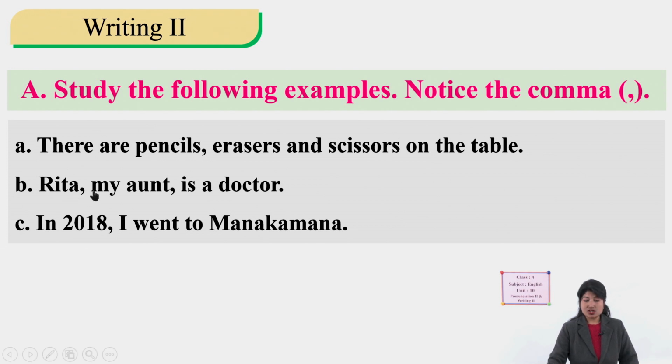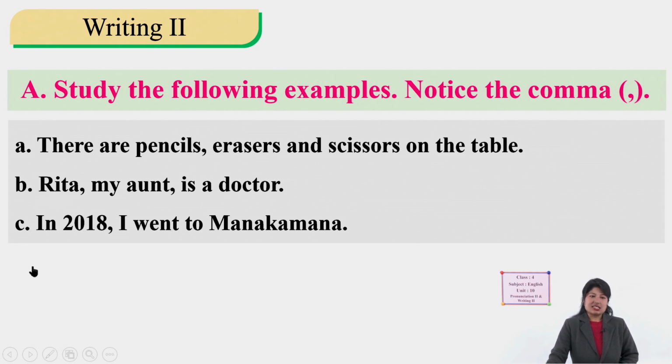Rita is being introduced. So these are qualities of Rita. That's why Rita, comma, my aunt. The person is the same, right? Same person, a doctor. That's why comma, comma, additional information about the same person.